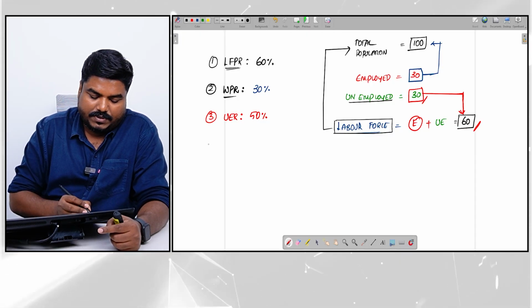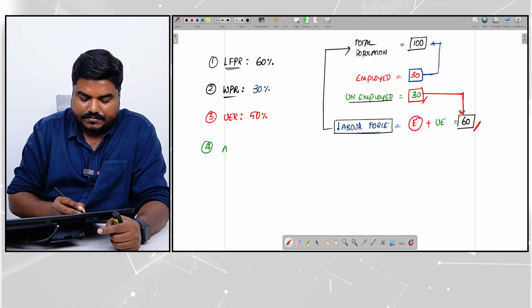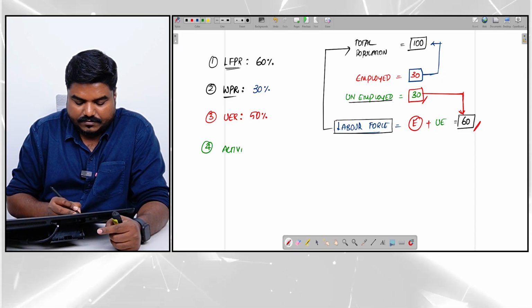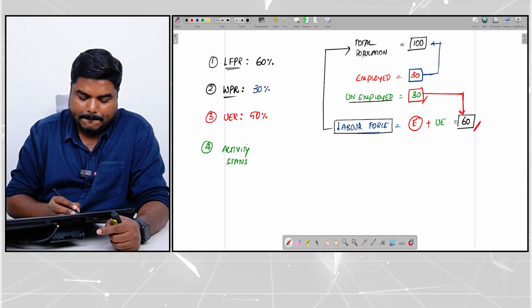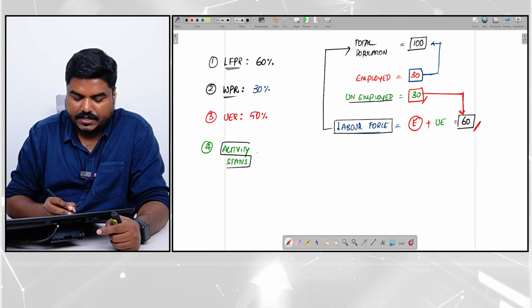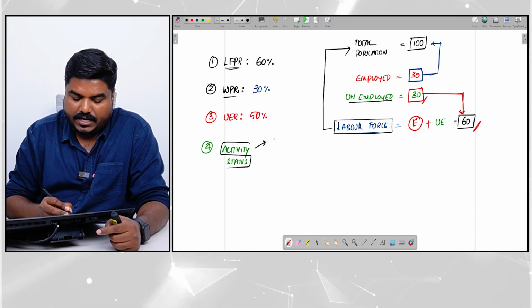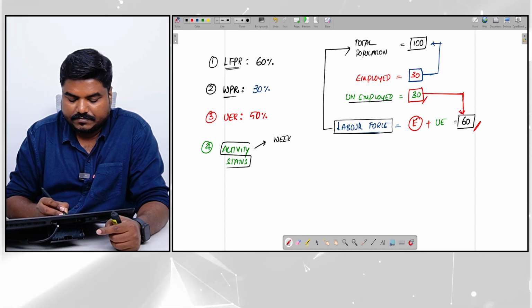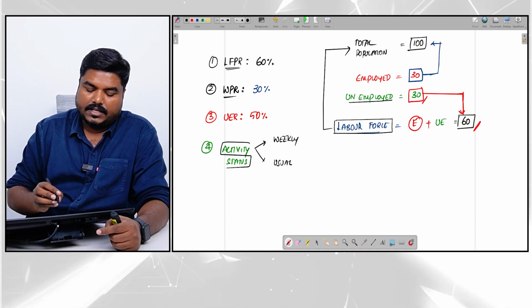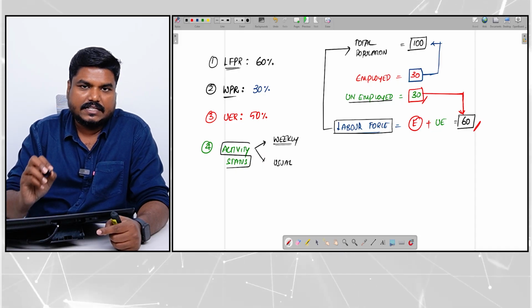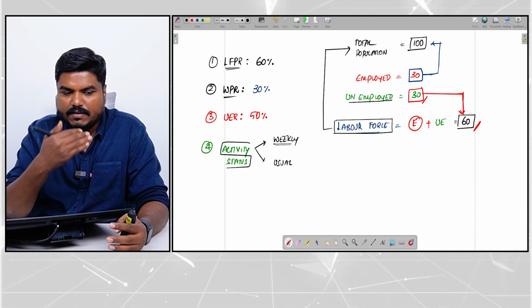The last one is activity status. Here you will be getting weekly status and usual status. Weekly status means the National Statistical Office will survey the people.